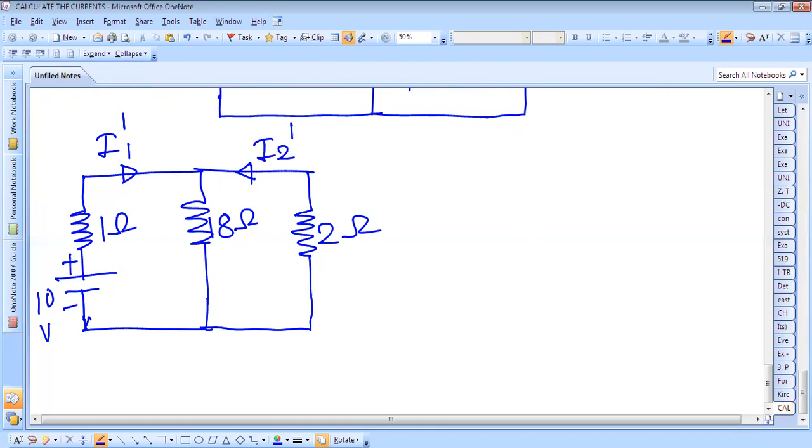Okay, but now we have to calculate, as there is only one source, the equivalent resistance. Equivalent resistance is nothing but these two are in parallel, so we'll get one resistance that will be in series with this resistance. So therefore the total resistance will be 1 plus 18, which is in parallel with 2. Therefore we can do it like this.